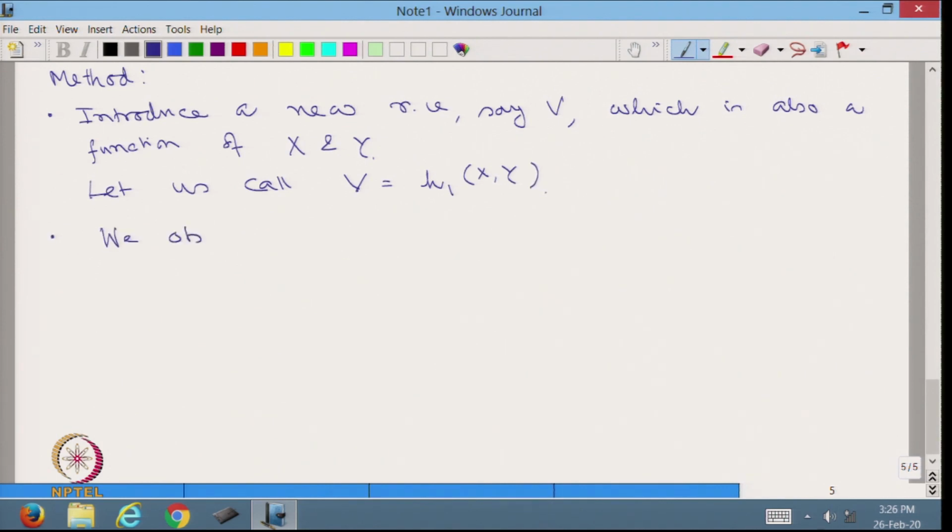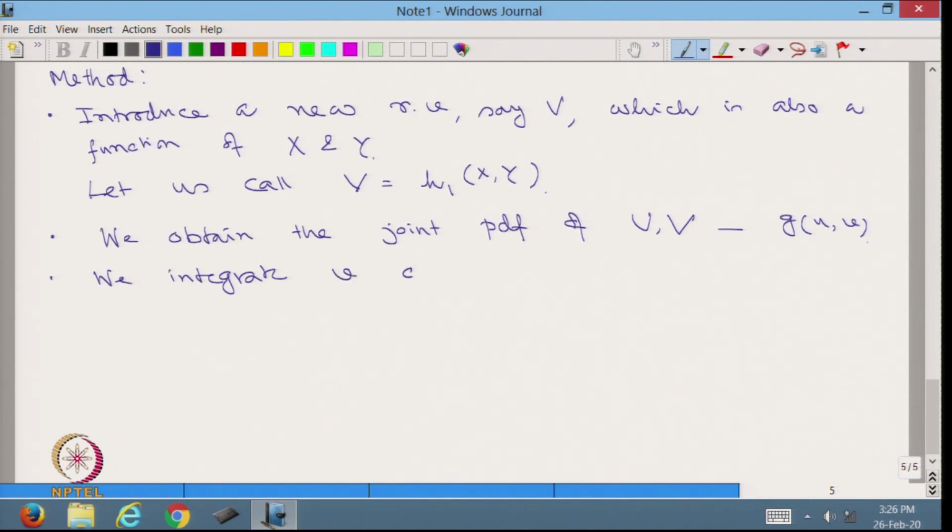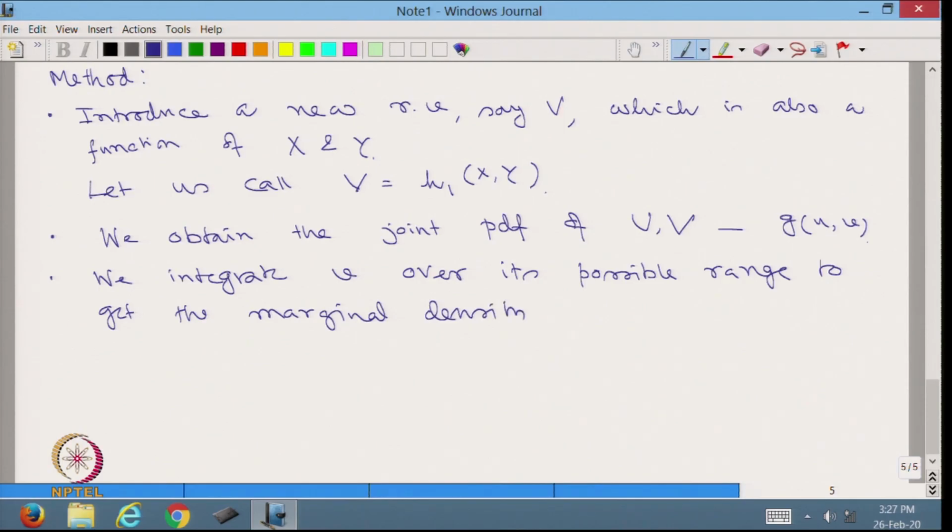We obtain the joint PDF of u and v. So, let us call it G U V. Then we integrate v over its possible range to get the marginal density of u.